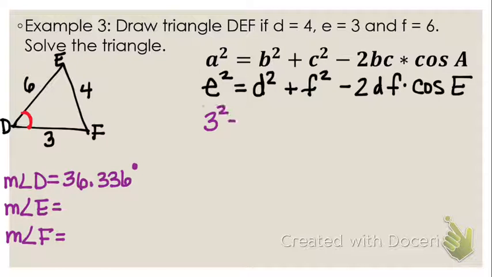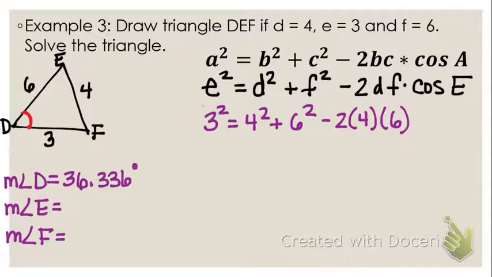So I know 3 squared equals 4 squared plus 6 squared minus 2 times 4 times 6 cosine of E.